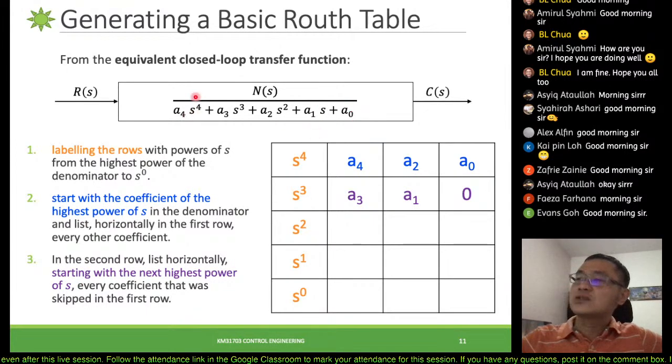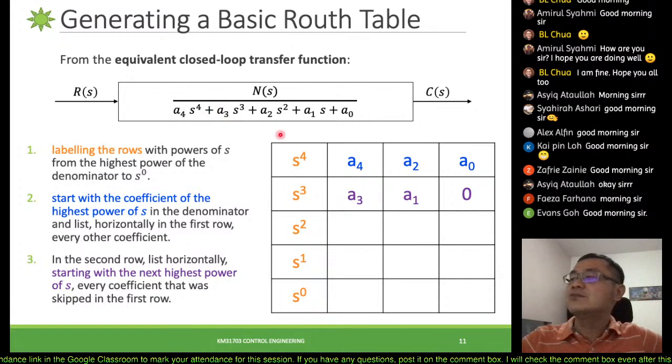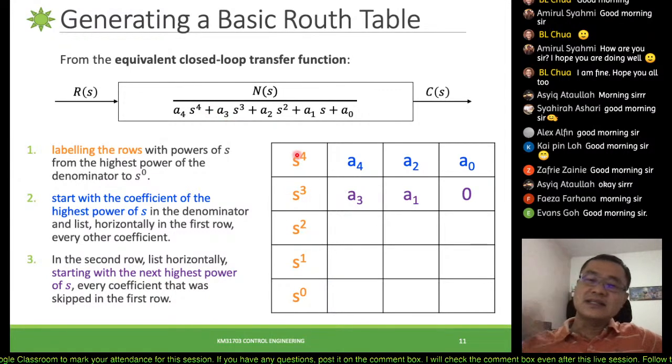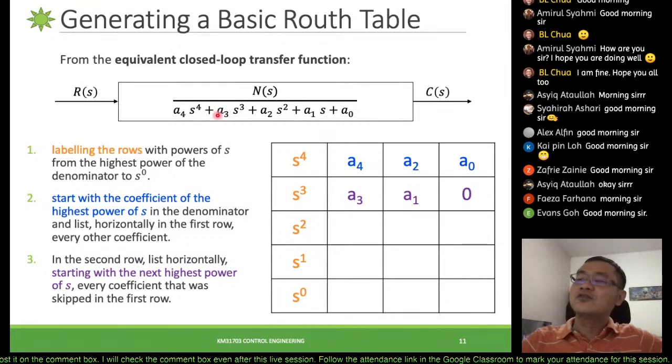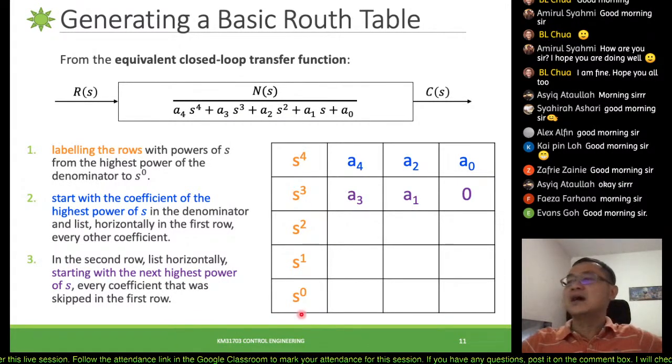First take the highest power of this denominator, then sort it in descending order. So we have S4, S3, S2, S1 and S0. Don't forget we have S0. We just get the highest one, then order it all the way down.